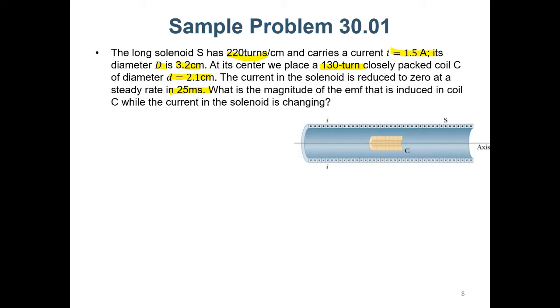So at the beginning, I equals 1.5 A, and it is reduced to 0 in 25 milliseconds at a constant rate, which means linearly. What is the magnitude of the EMF that is induced in the coil C while the current in the solenoid is changing?